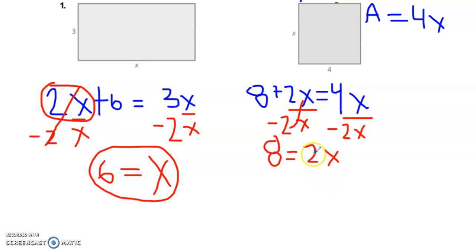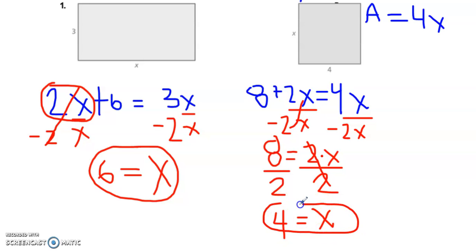Now remember, we have to get rid of our 2, which is being multiplied to this x, and we have to do the opposite of multiplication, which is division. So we'll divide by 2, leaving us with x, and then 8 divided by 2 is 4. So we know that this side right here is 4.